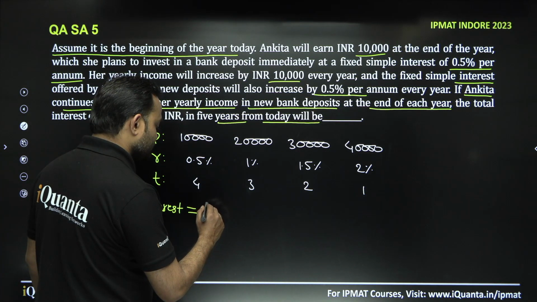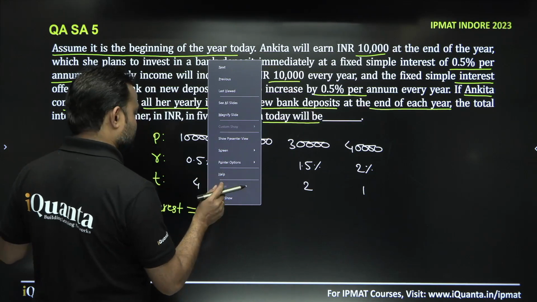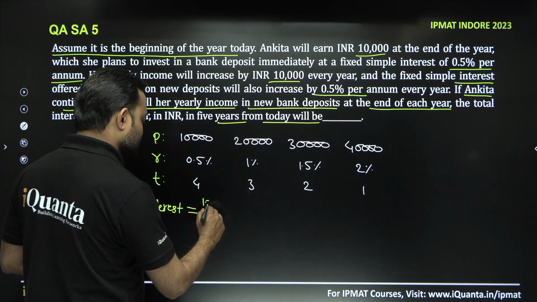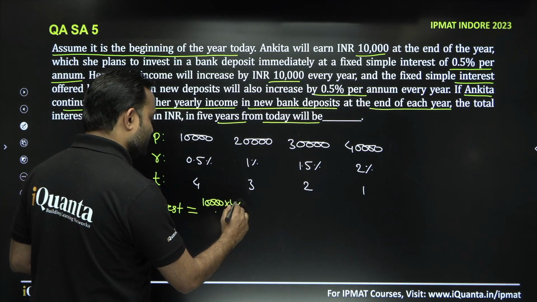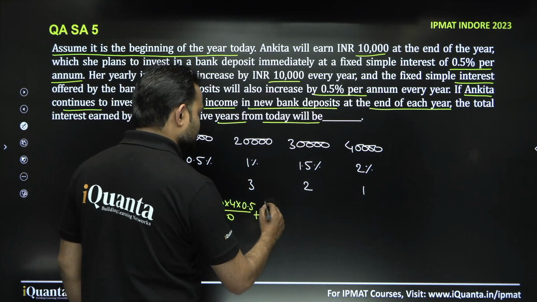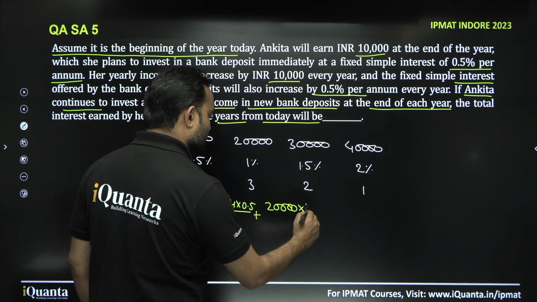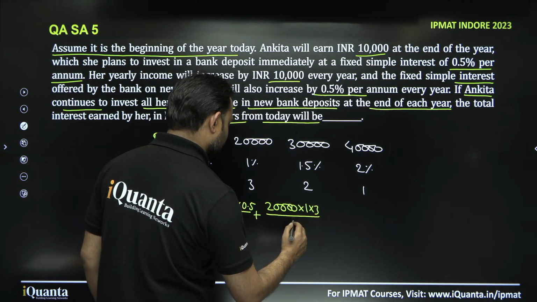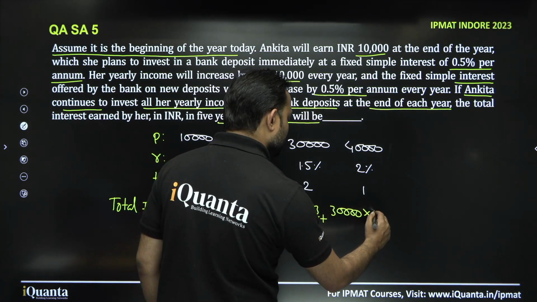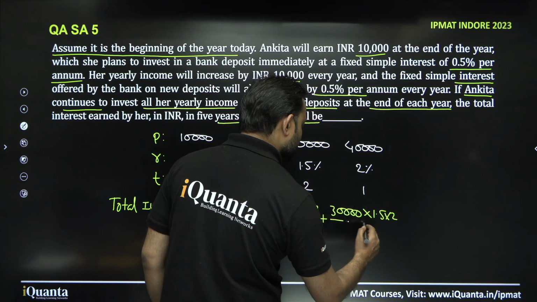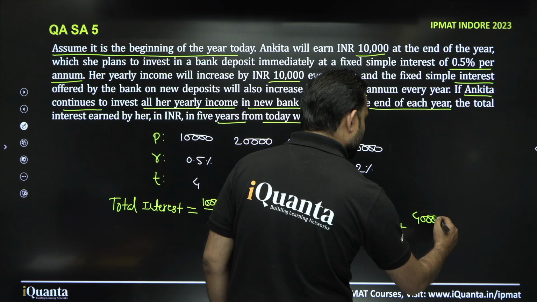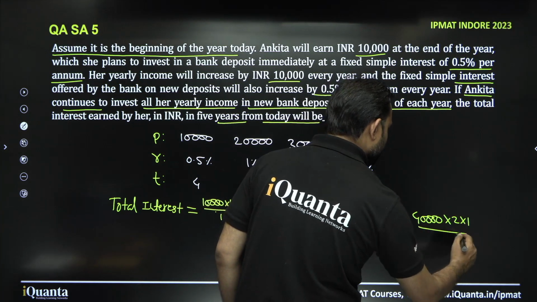So, this will be 10,000 into 4 into 0.5 upon 100 plus next 20,000 into 1 into 3 divided by 100 plus 30,000 into 1.5 into 2 divided by 100 plus 40,000 into 2 into 1 divided by 100.